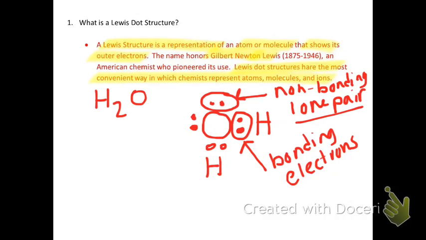We're going to use this terminology, lone pairs versus bonding electrons, throughout this lecture and other lectures to come, so you need to know this terminology. What we're going to do for the rest of this lecture is talk about how we actually form a Lewis dot structure.